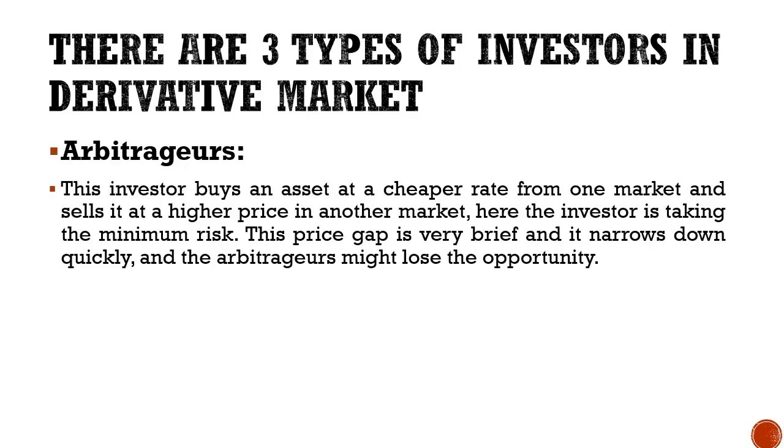This investor buys an asset at a cheaper rate from one market and sells it at a higher price in another market. Here the investor is taking the minimum risk. This price gap is very brief and it narrows down quickly, and the arbitrageur might lose the opportunity.